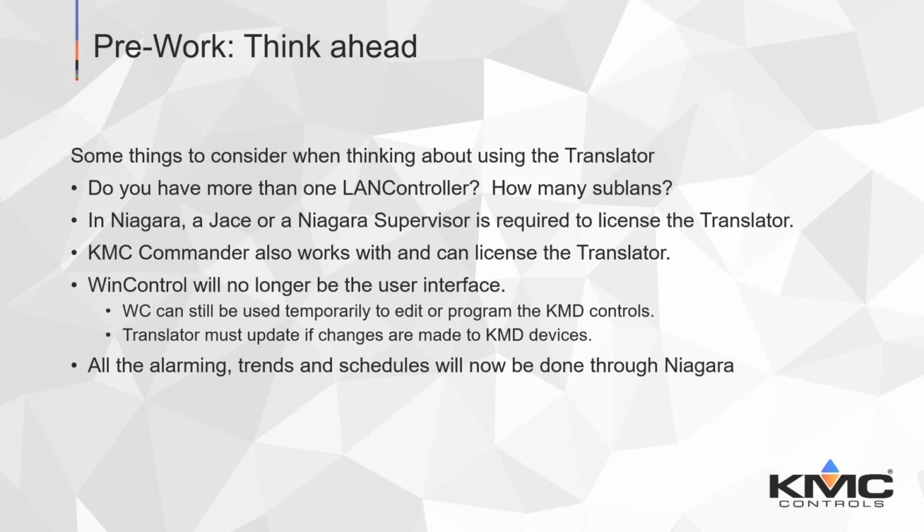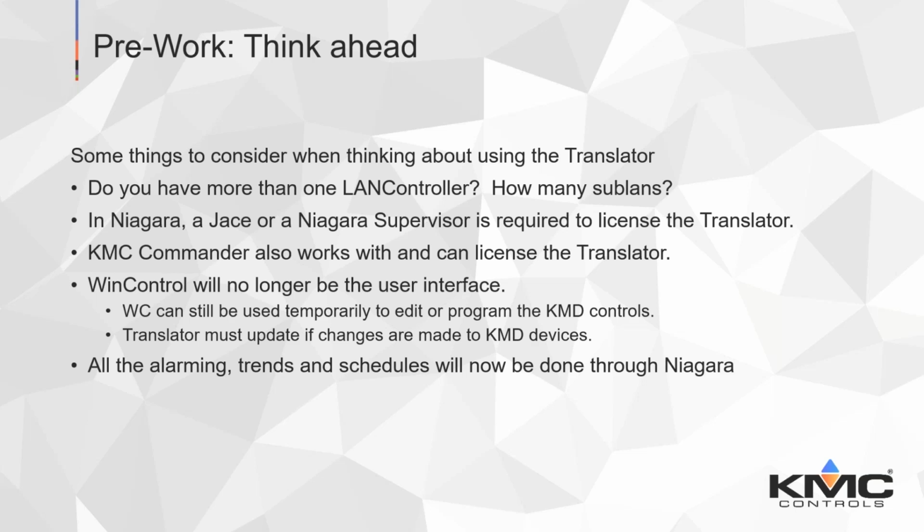I think it's really going to depend on the quality of your network too. The other thing I think about with KMD and the translator is that KMD passes points almost automatically. There's a lot of buffer that KMD has built in to make point passing easier.